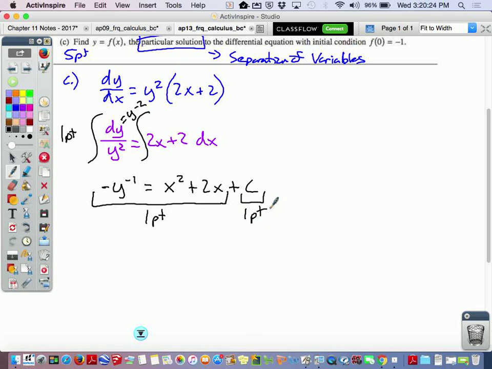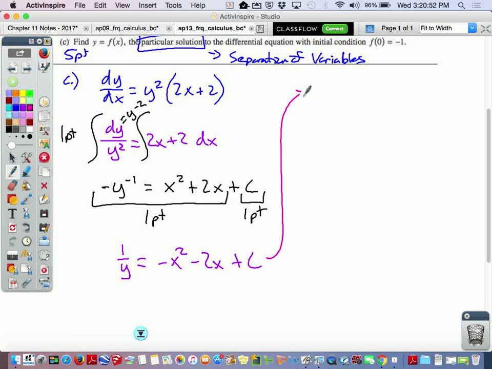Now we want to solve for y and then solve for c. I want to get rid of this negative right away, so I'm going to rewrite this left side. First thing I'm going to do is rewrite it as 1 over y, and I'm going to move the negative to the right side. So we're going to get negative x squared minus 2x, and we're just going to leave a plus c, which is going to take care of itself later on when we actually go to solve for c.